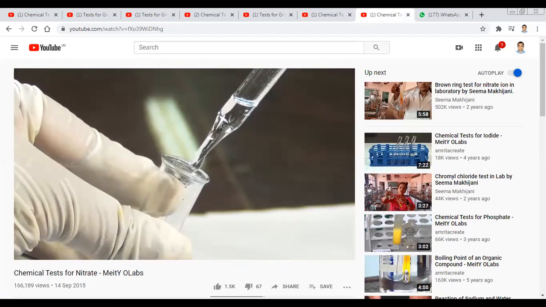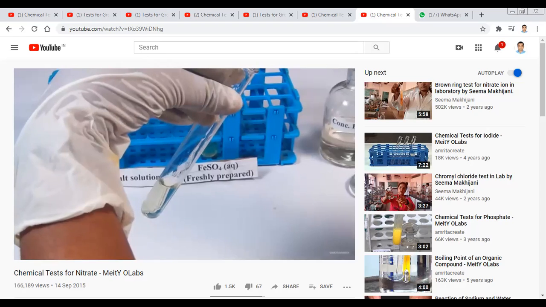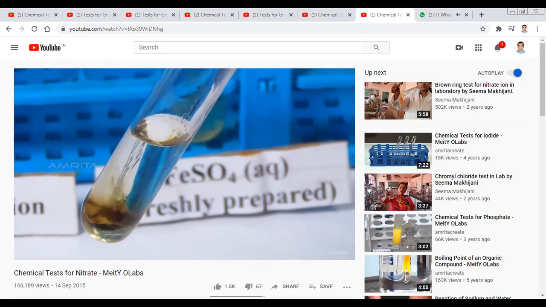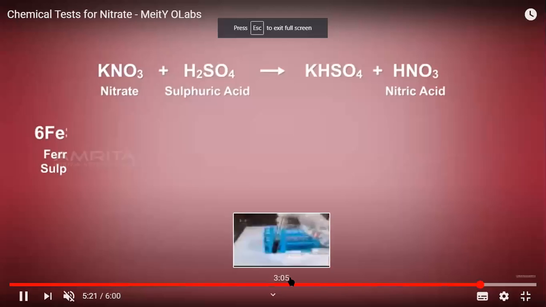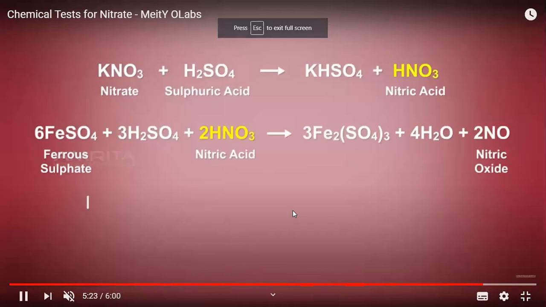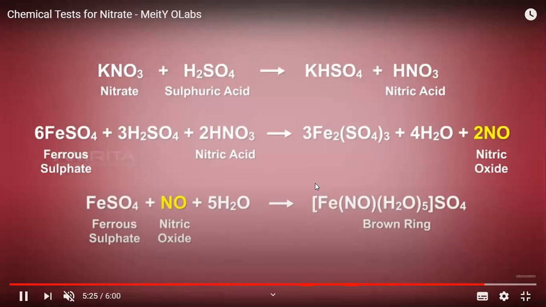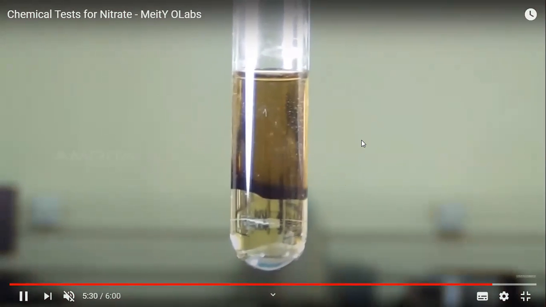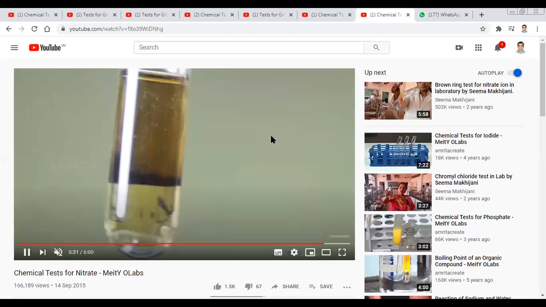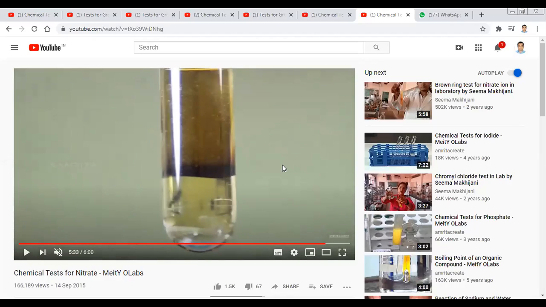By touching the wall, we slowly add the sulfuric acid solution. You can see the reaction, and this is the chemical equation for this test. You can see the brown ring produced here in this test. This is how, my dear students, you can truly understand the brown ring test.